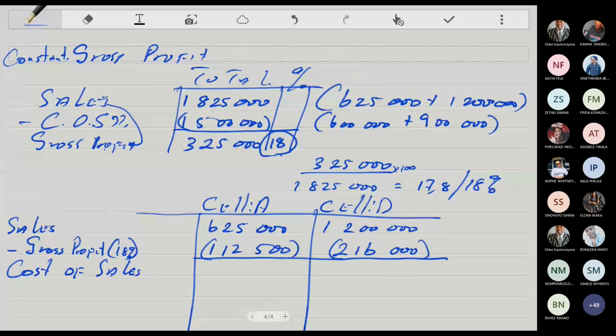So 625,000 minus 112,500, our cost of sales on sale A is 512,500. Then on sale D, 1,200,000 minus 216,000 is 984,000. That's correct.